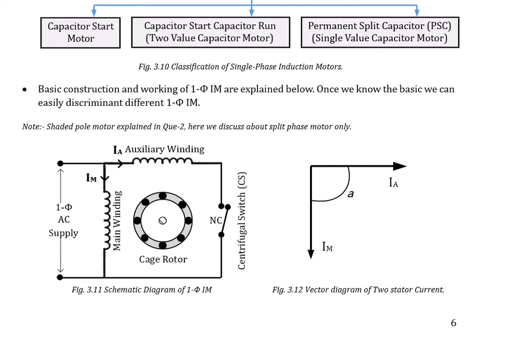So the function of the centrifugal switch is to remove the auxiliary winding.